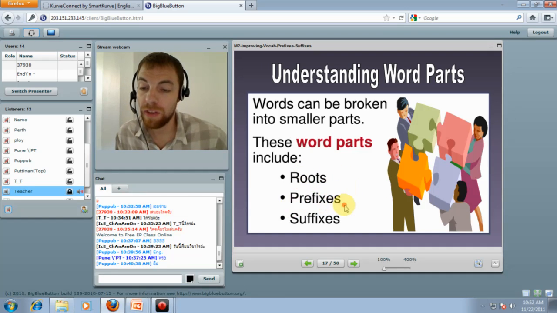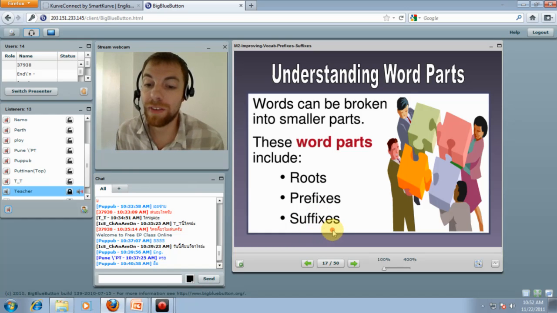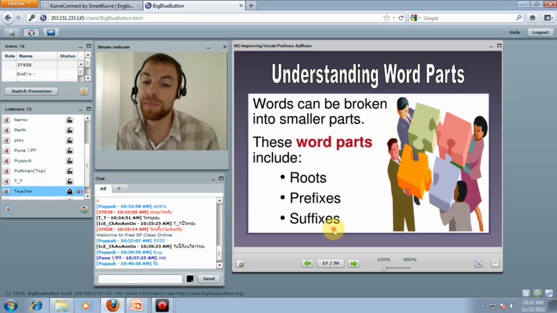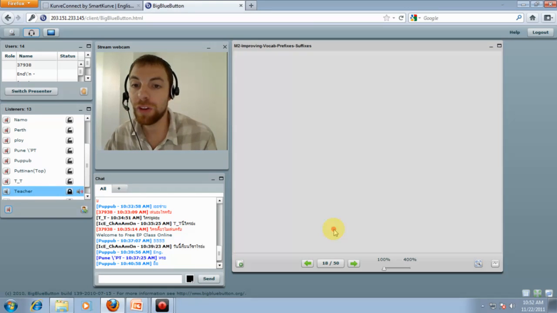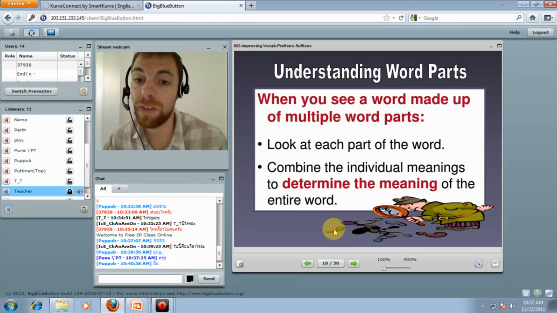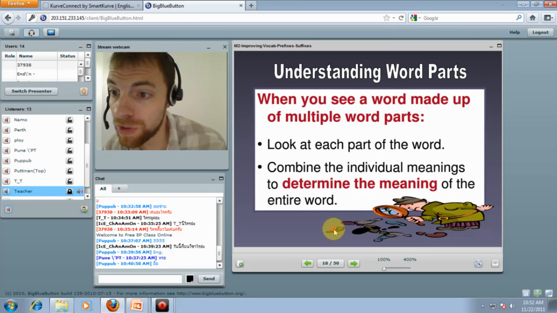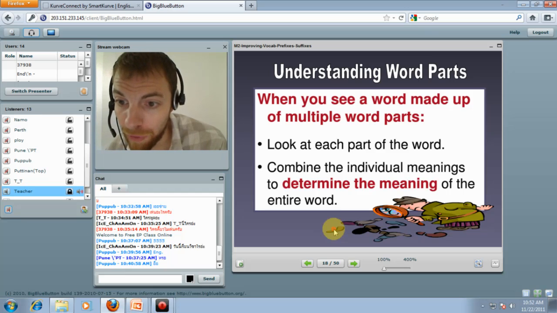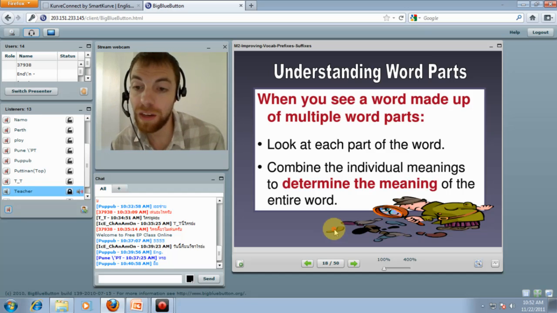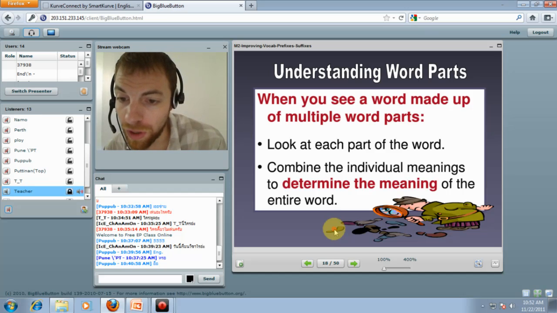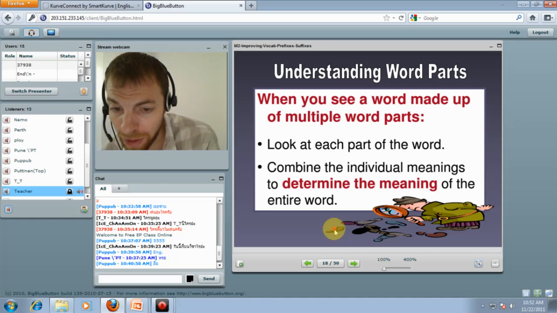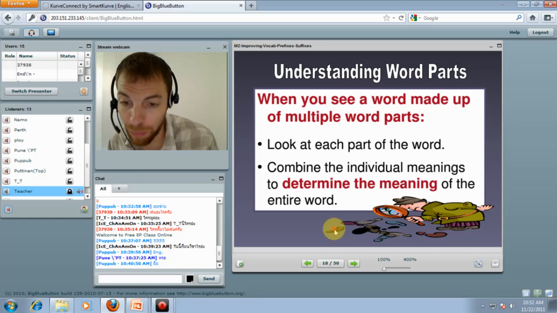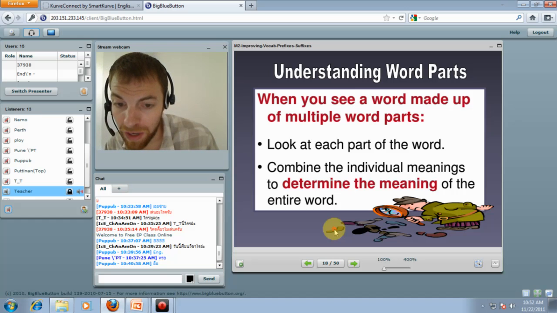A prefix is a word part that comes at the beginning, and a suffix is a word part that comes at the end. So we are going to learn a little bit about suffixes soon. So when you see a word made up of many word parts, you're going to look at each part of the word and think about the individual meanings and the meanings of the combined words.